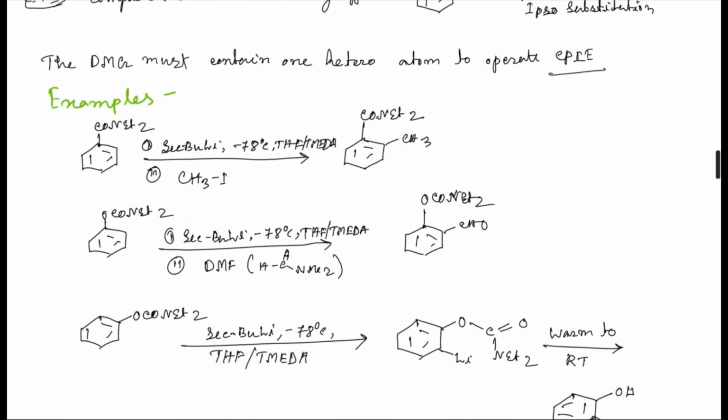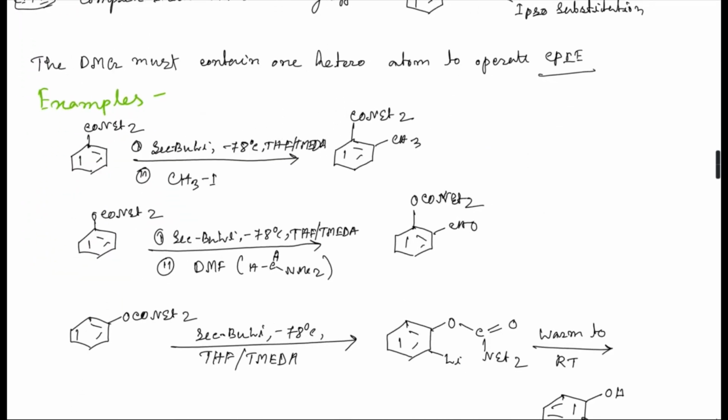If you see the examples, the first one, when treated with secondary butyl lithium, will give the ortholithiated product, that is this CONEt2, which on treatment with an electrophilic reagent, that is CH3I, will give a substituted product, and the final product will be this.